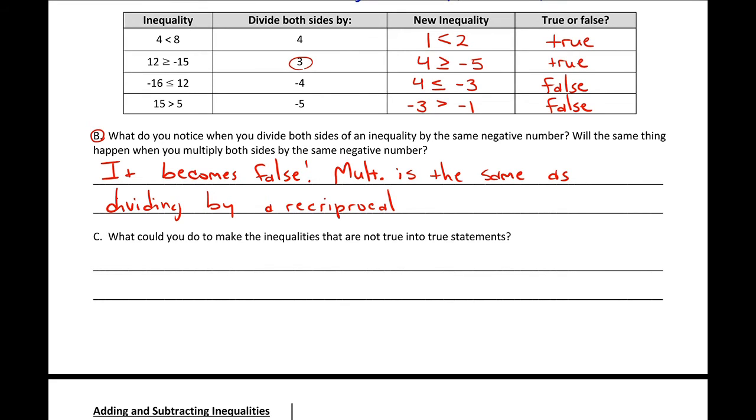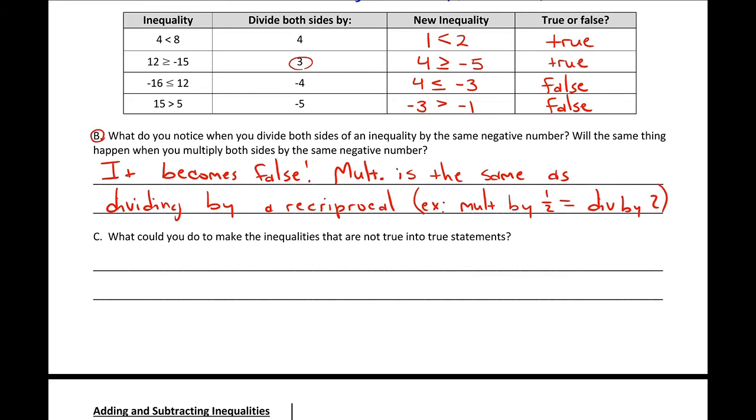Okay, we remember that from the fractions unit. So for example, if we multiply by 1/2, that's the same as dividing by the reciprocal of 1/2, which is 2. So what could we do to make the inequalities that are not true into true statements?